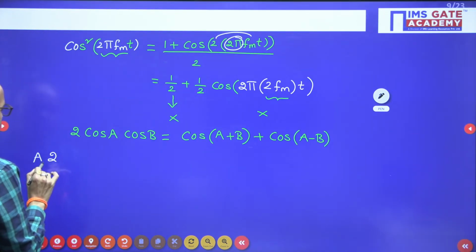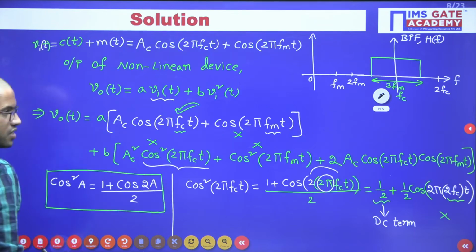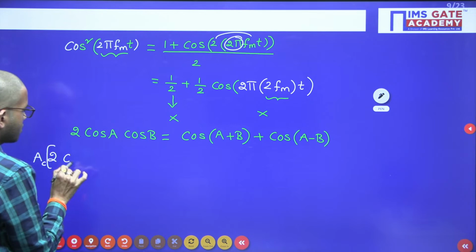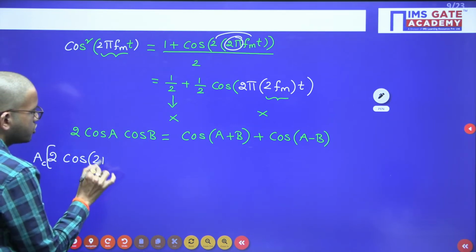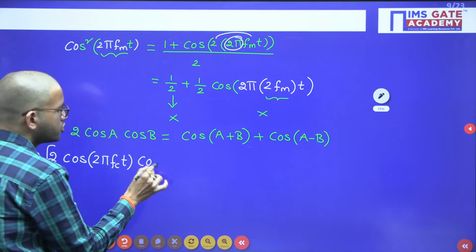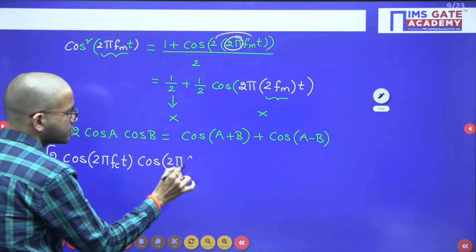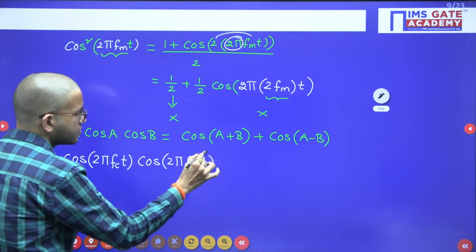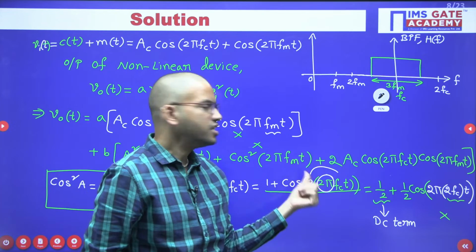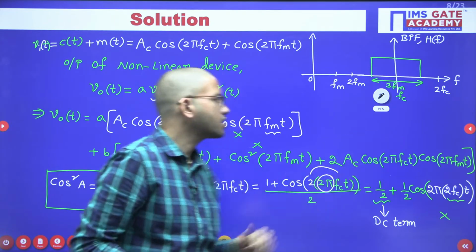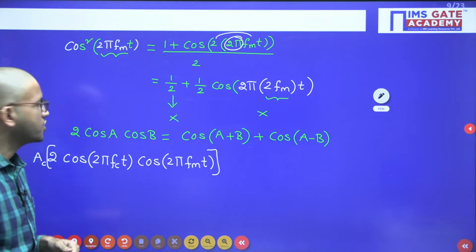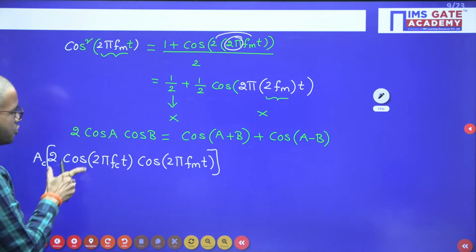AC I am keeping outside, then 2 cos 2 pi fc t into cos 2 pi fm t. Now you are getting the same format, 2 cos A cos B.